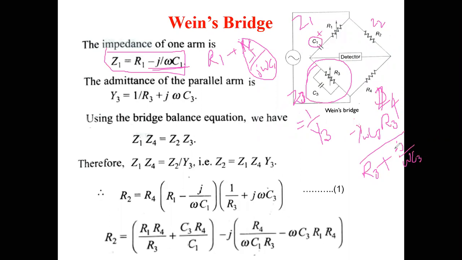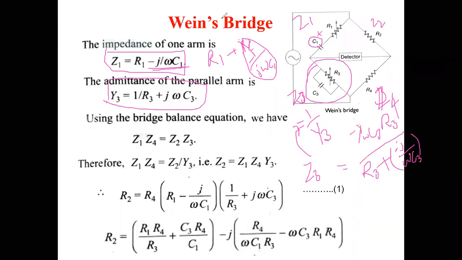If we take a common factor and simplify that, we will get Y3 is equal to 1 by R3 plus j omega C3. So we calculate Z3 first, and if we reverse it, then we have Y3, which is 1 by R3 plus j omega C3.